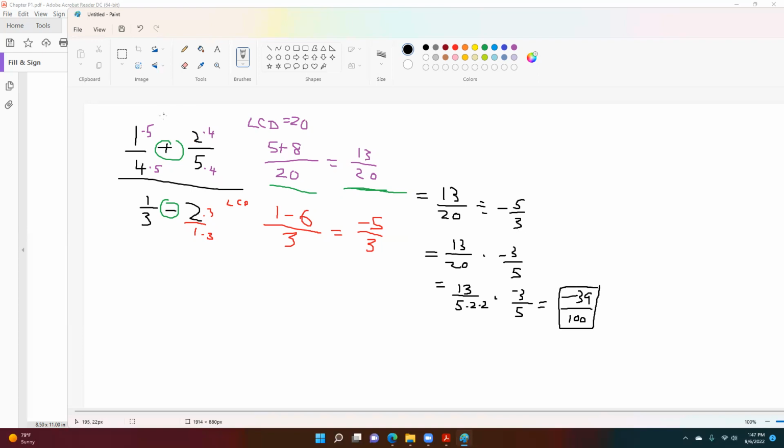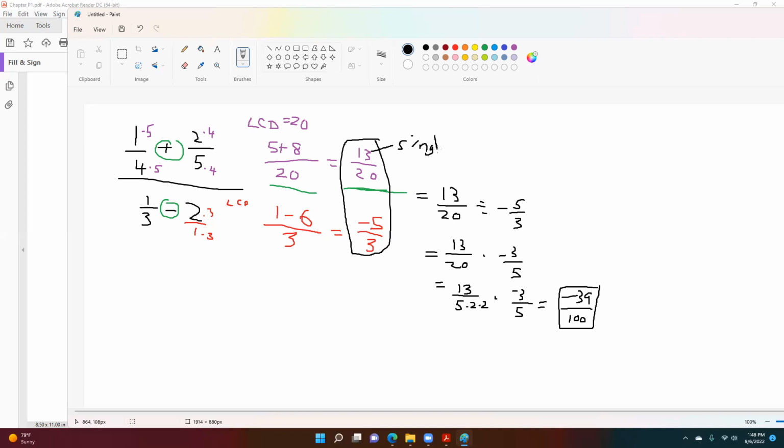So again, what we do here, class, is we find the LCD. If they have addition and subtraction, you find the LCD for the top one and perform the add and subtract. Then you find the LCD on the bottom one and do the same thing. Now you get yourself a single fraction.